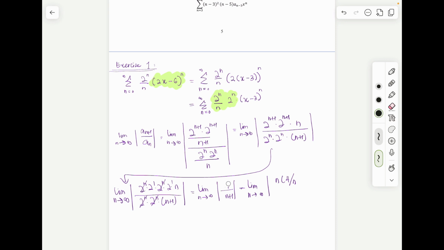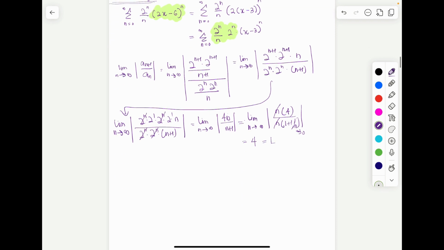Dividing through by n, we get 4 divided by 1 plus 1 over n. So you cancel out the n. This 1 over n should go to 0. So 4 divided by 1 becomes 4. Okay, so the limit is 4.